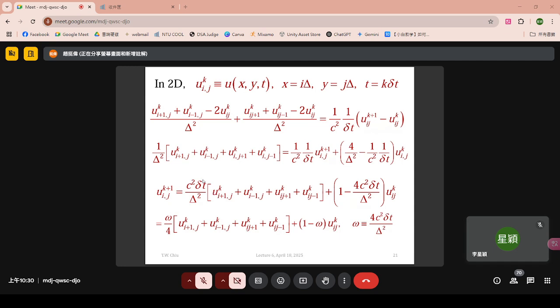There's a parameter, a combination of delta t and delta, so it's good to define the parameter omega, which is a combination of the discretization in time and space. For most problems, it's convenient to just set omega equal to 1, without too much tuning.